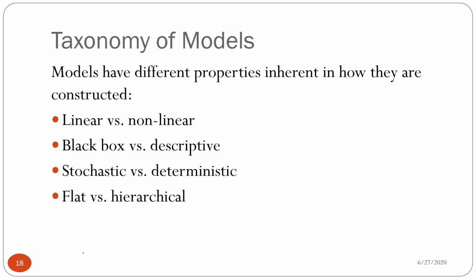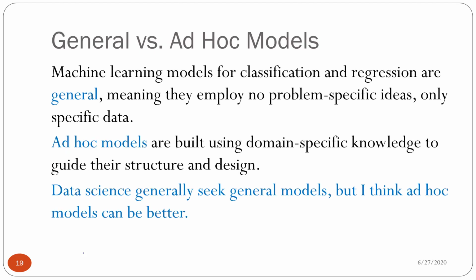Whereas you can have non-linear models which are more complex and are able to fit the data better compared to linear models. All right, so there are these techniques. Then you have general versus ad hoc models.